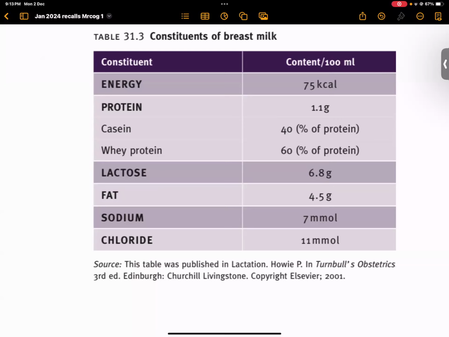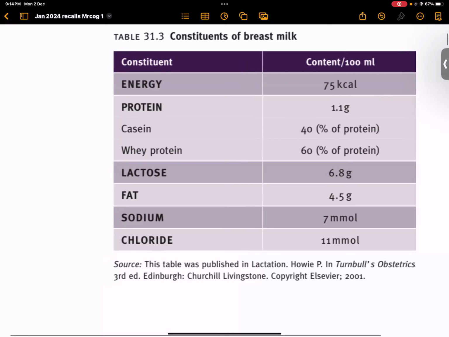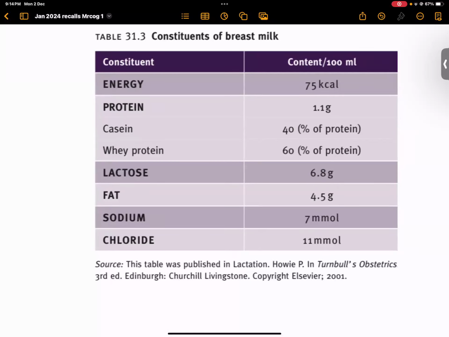We have two types of proteins. This question can also come like this: which is the abundant protein in breast milk? Casein and whey protein are both predominant, but between these two, whey protein is more. 60% of protein is whey protein, so you have to remember this proportion as well.